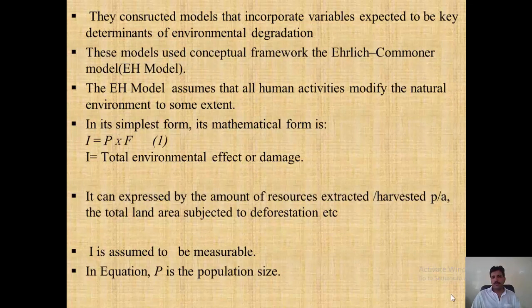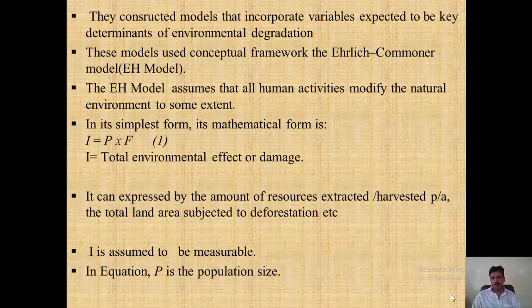The Neo-Malthusians constructed models that incorporate the variables expected to be key determinants of environmental degradation. They are a little bit advanced models. These models used the conceptual framework of the Ehrlich-Commoner model, which we call the EH model for short.